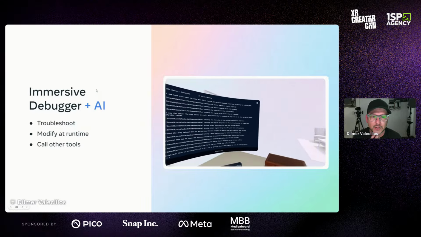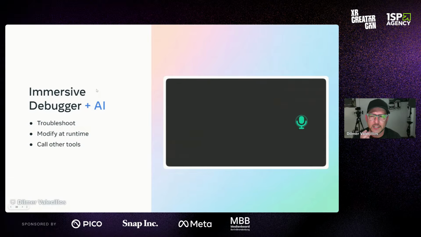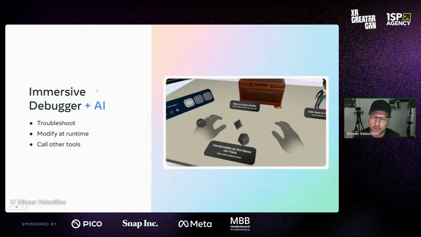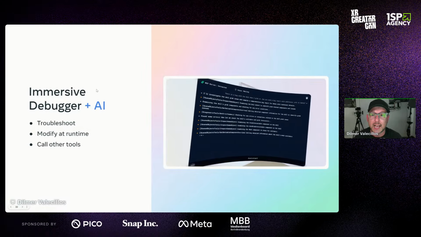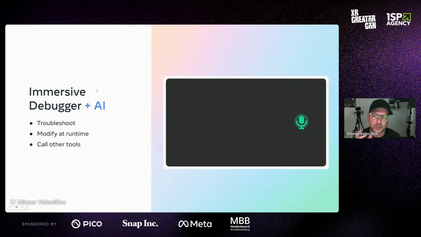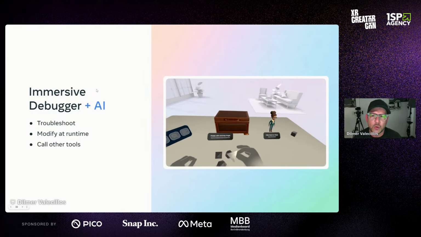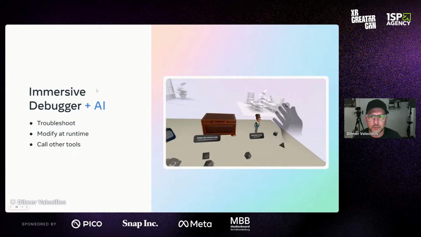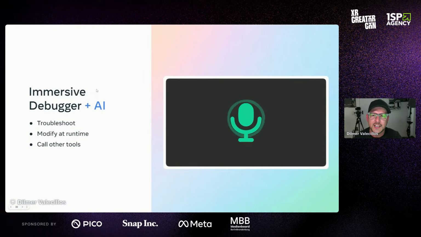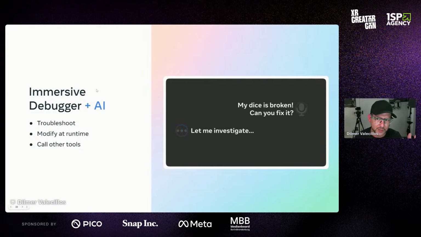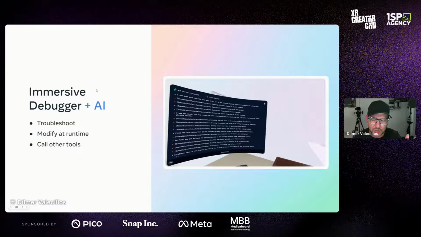This other tool though is called Immersive Debugger, and this is something that I've been covering over the past few years on the channel. If you're developing today, or if you've done it for a while, you've always been able to create custom logs depending on what you want to troubleshoot in your code.